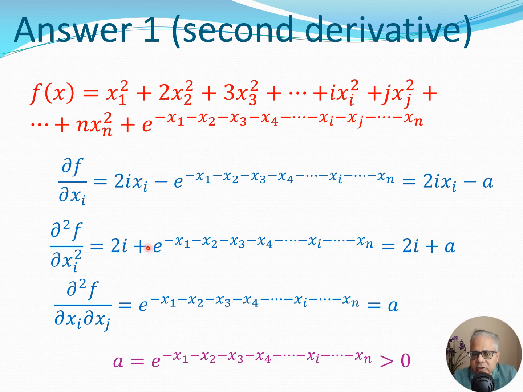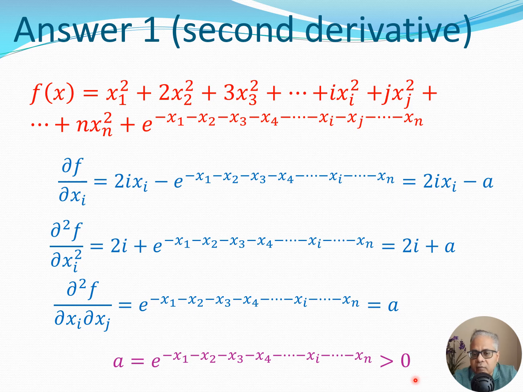So that's what's happening here. When I differentiate it twice, I get two negative ones multiplied together, and so I end up with the plus here. So again, the second derivative simply becomes 2i plus a, where a is the exponential term here. Now one thing you can immediately see with this value a is that it's always going to be positive because the exponential function is always positive.